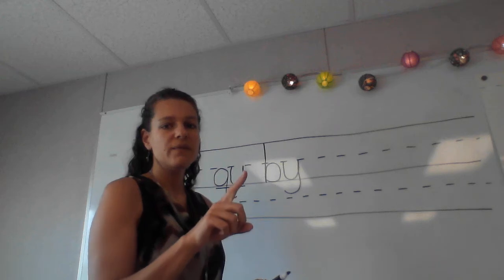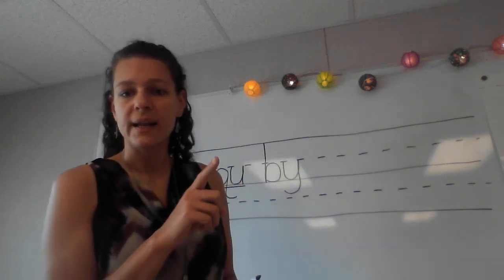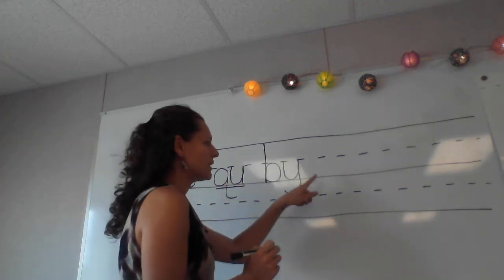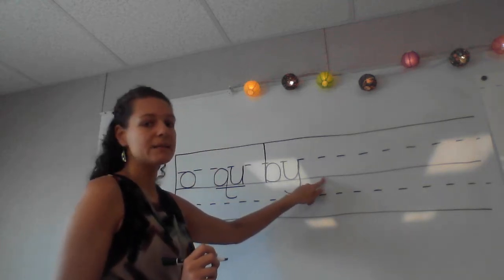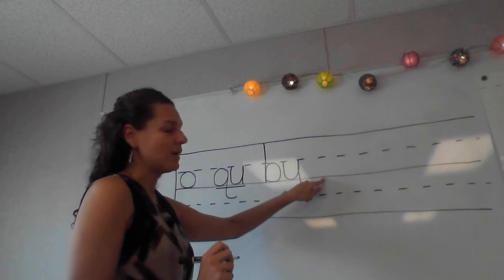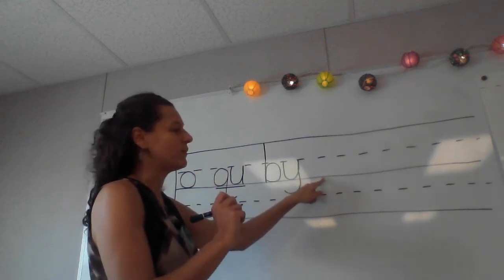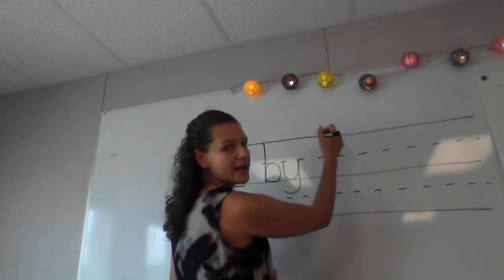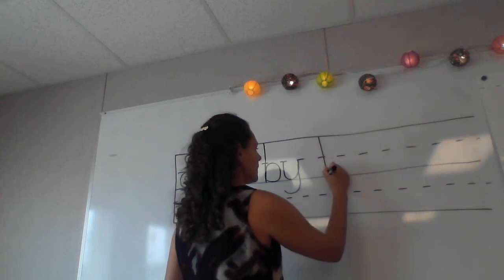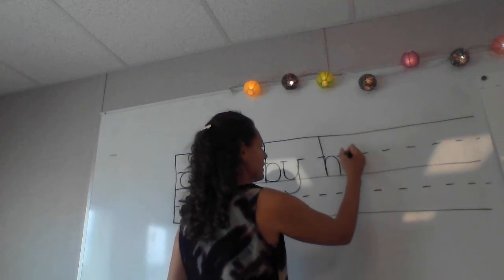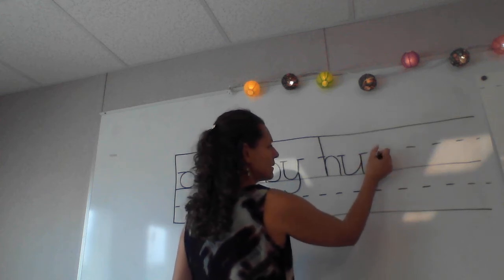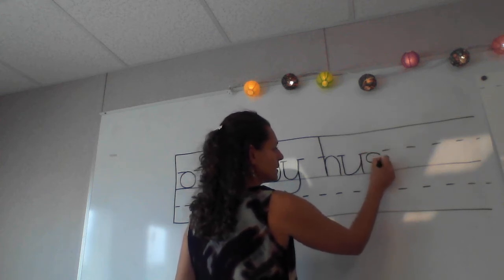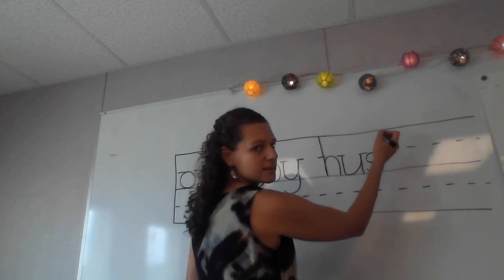Now I want you to put your finger under the first phonogram in hust. Tell me what it says. All right, and good. I'm going to leave a space. Remember, because anytime I'm writing a word, I leave a space before and after. What's the first sound in hust? Good. What's next? Good. What's next? Good. S. And good.